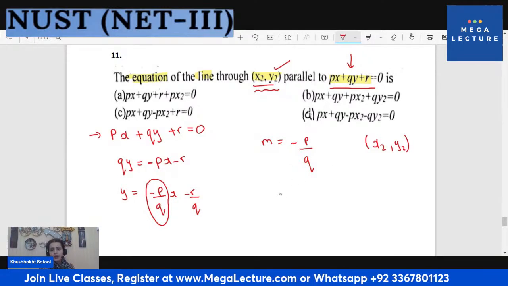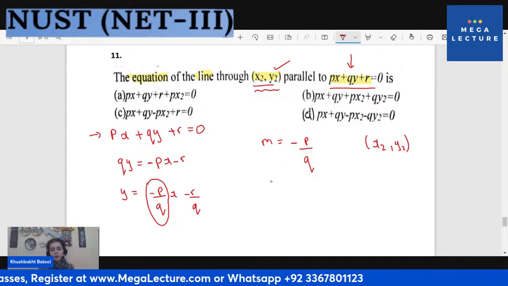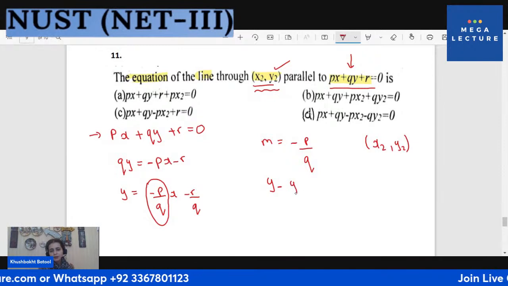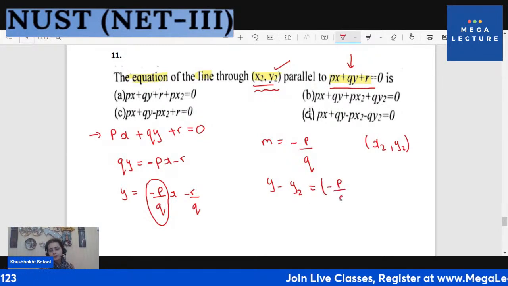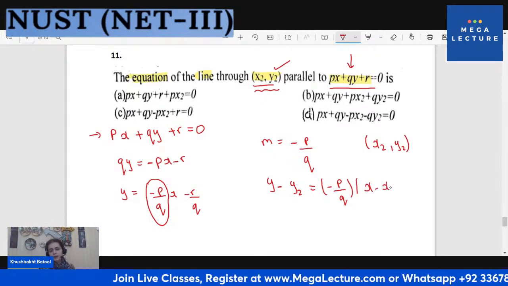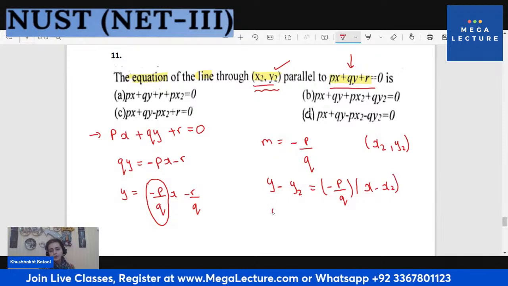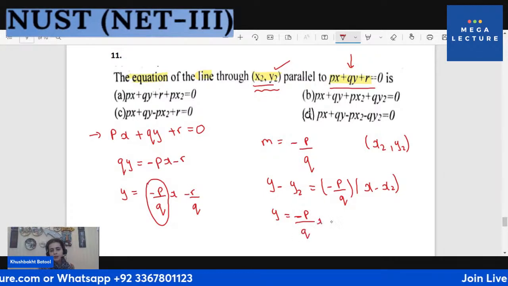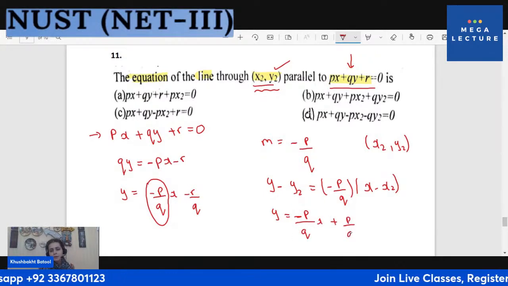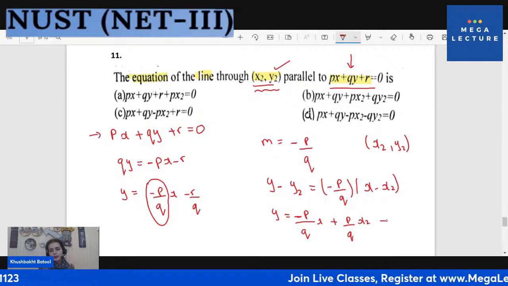So in order to find the equation, I know the formula is y minus the y coordinate of the point, that is y2, equals m times x minus x2. So it would be y equals minus p by q x plus p by q x2 plus y2.